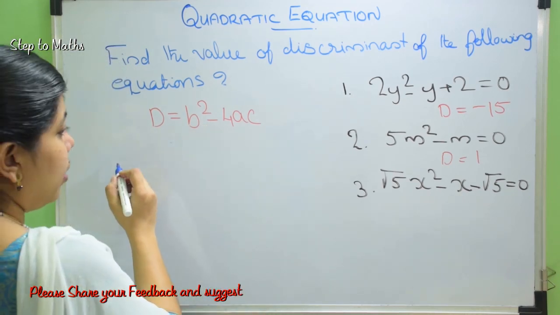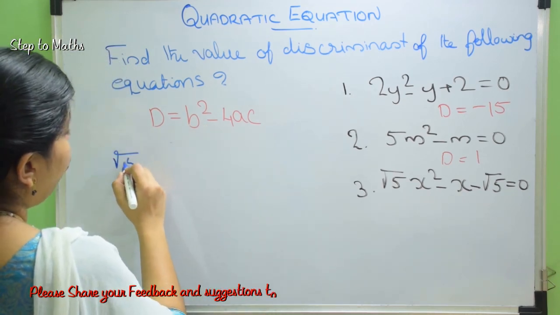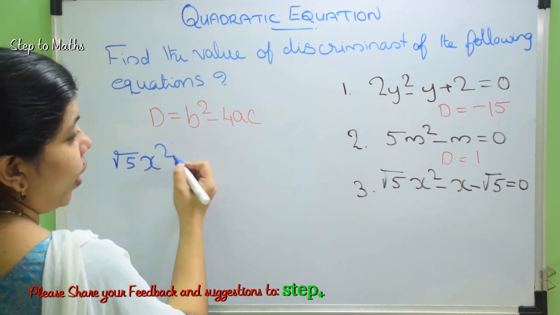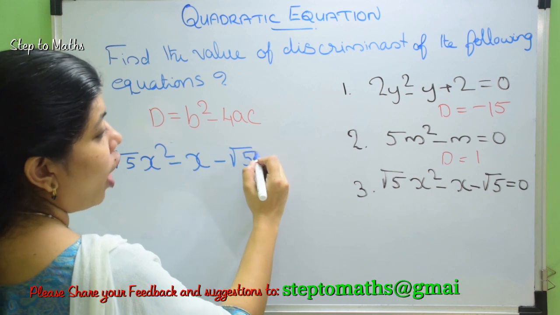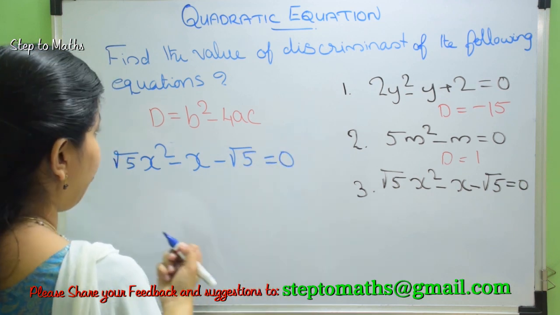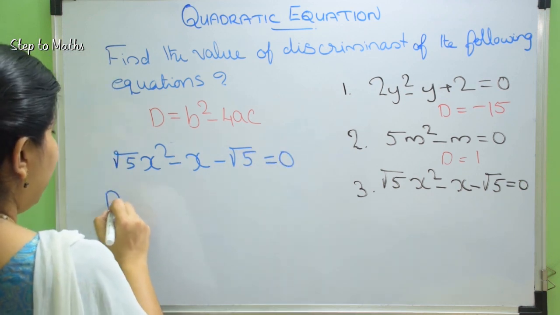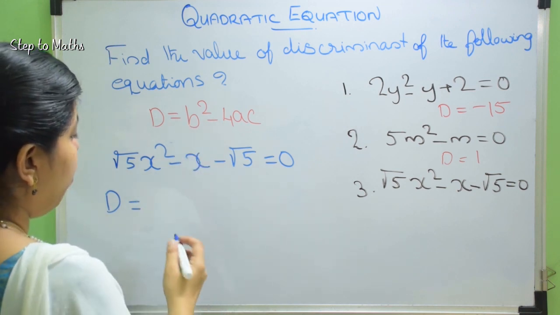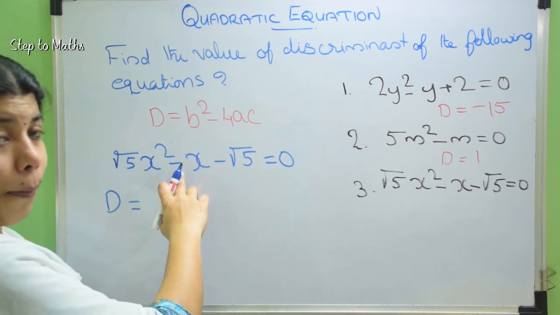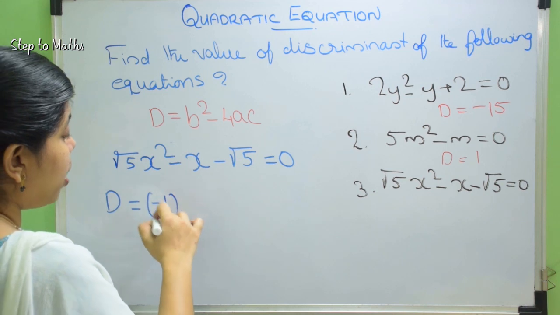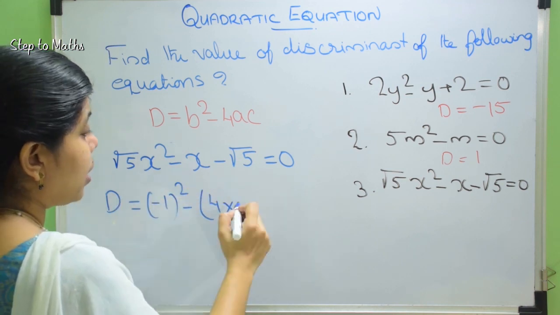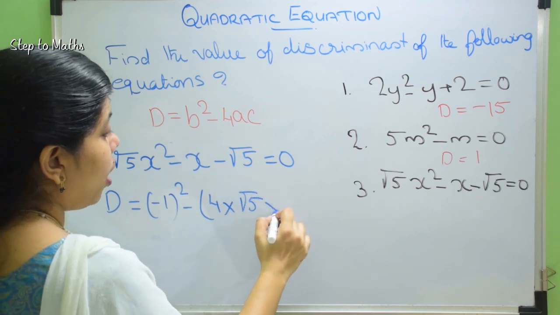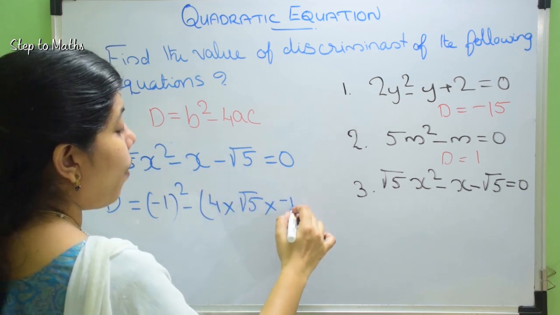Then take the third equation, root 5 x square minus x minus root 5 equal to 0. D equal to b square. b is minus 1. Minus 1 square minus 4 into a is root 5 and c is minus root 5.